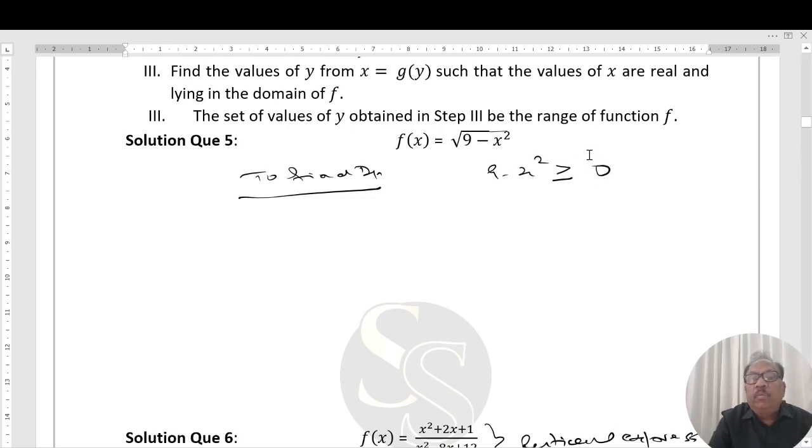If it is in the denominator, it should be strictly greater than 0, only the greater sign will be there.